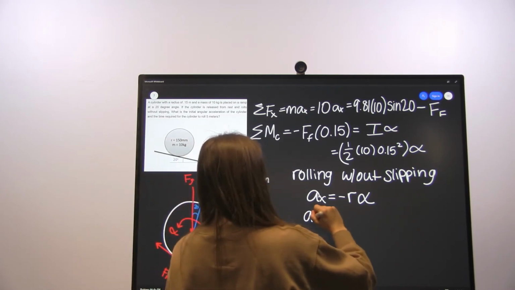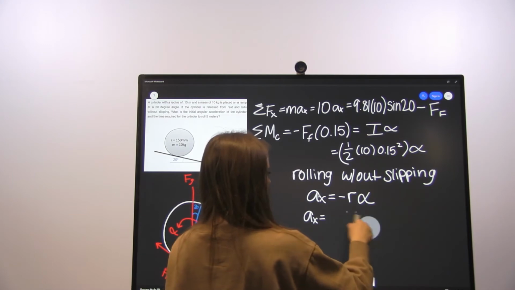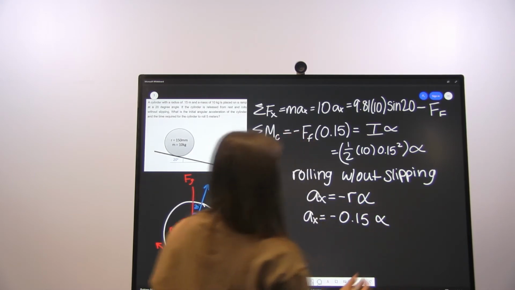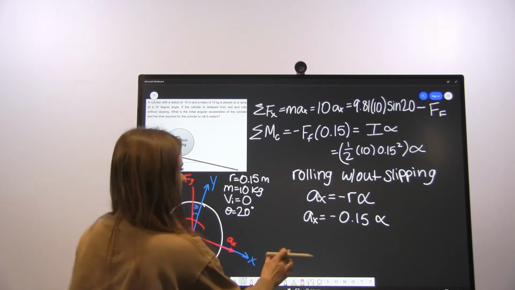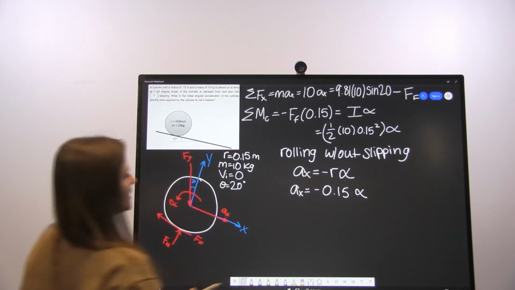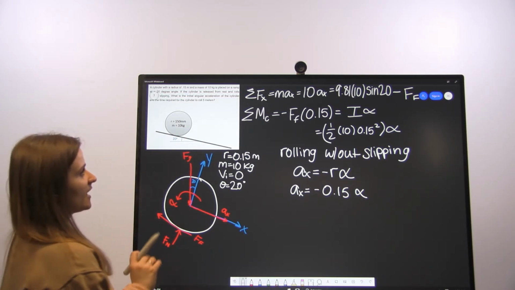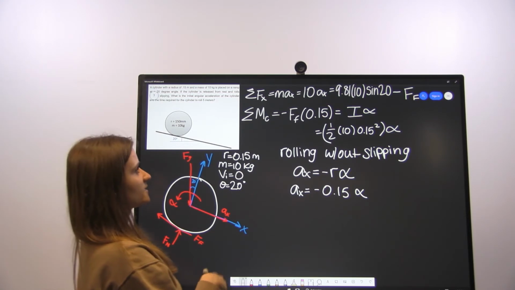And this simplifies to ax is equal to negative 0.15 times angular acceleration. So we have the information that we want: we have our equilibrium equations, and we have ax in terms of angular acceleration. So what we're going to do next is plug that in.